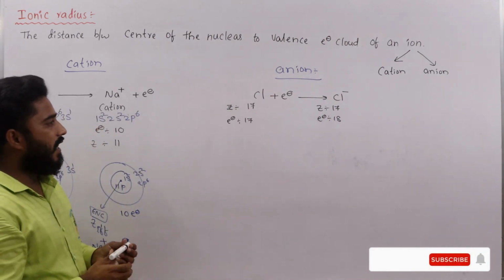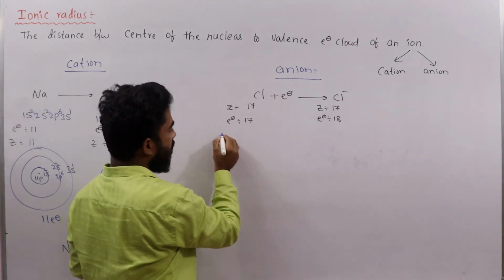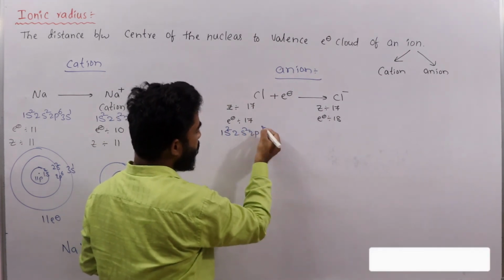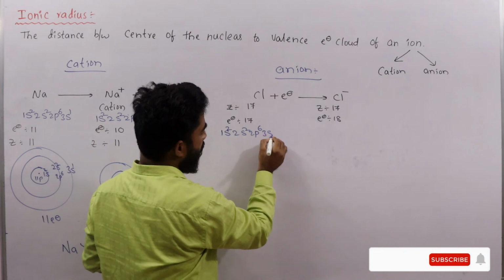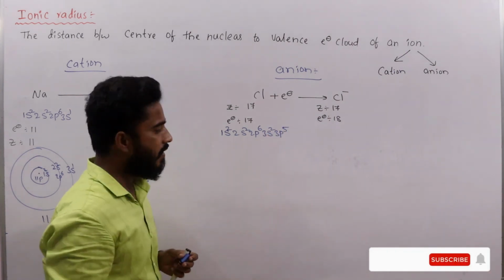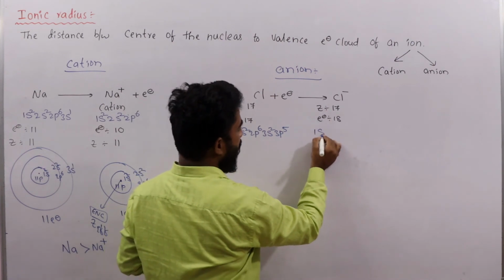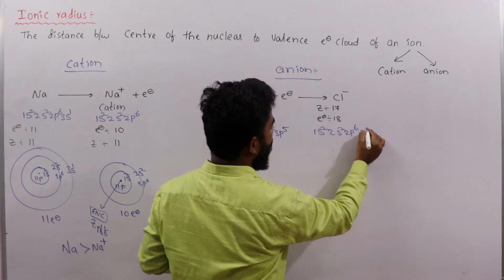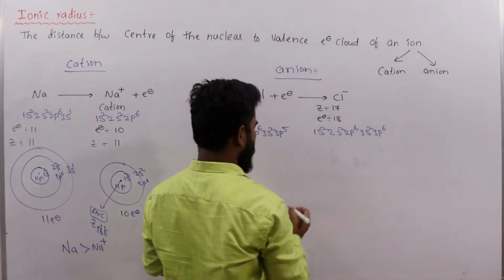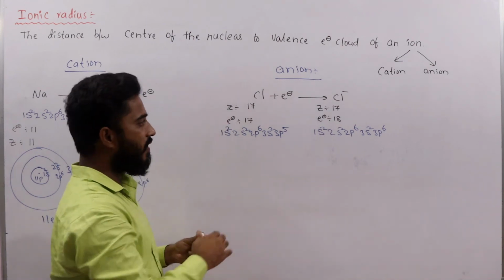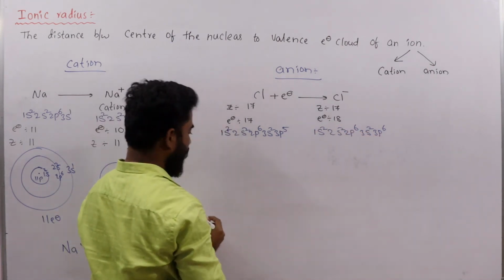The configuration of chlorine is 1s2, 2s2, 2p6, 3s2, 3p5, and of Cl- is 1s2, 2s2, 2p6, 3s2, 3p6. Here 3 shells are present, here also 3 shells, with 1 electron increased.